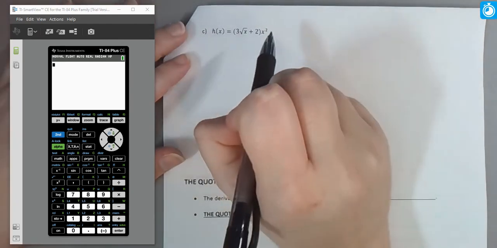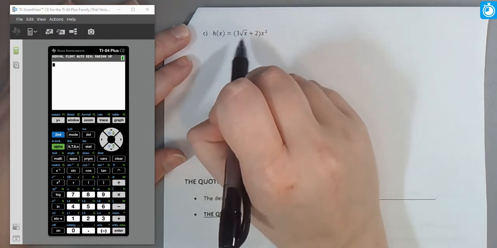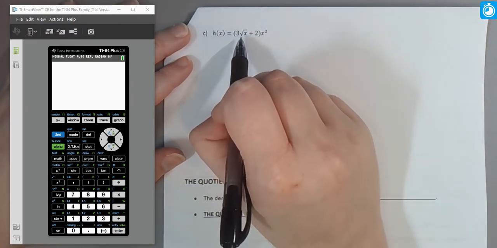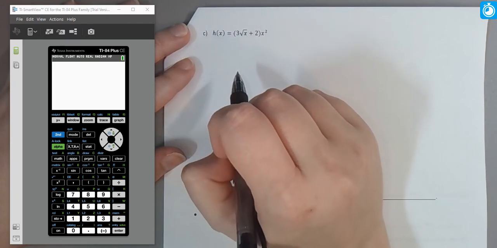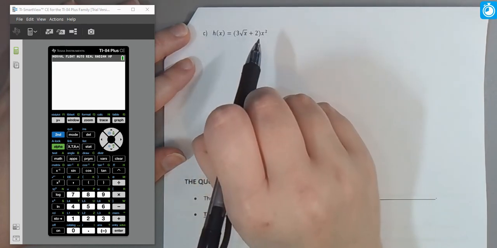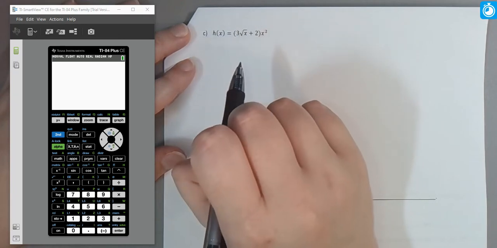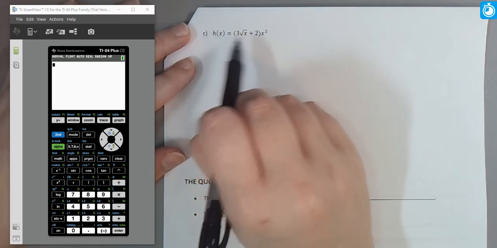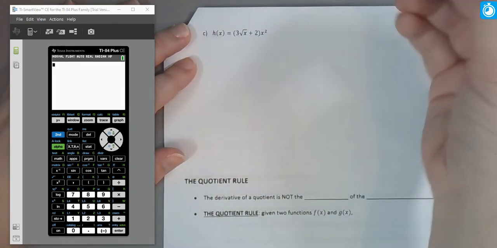The issue here is when we distribute the x squared to this first term, we would have to multiply the x squared times the square root of x, which is a relatively complicated thing to do. So in this case, distributing, simplifying, and differentiating that way would probably not be the best approach. So we're going to use the product rule here.